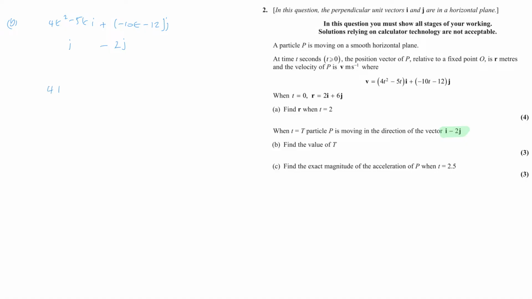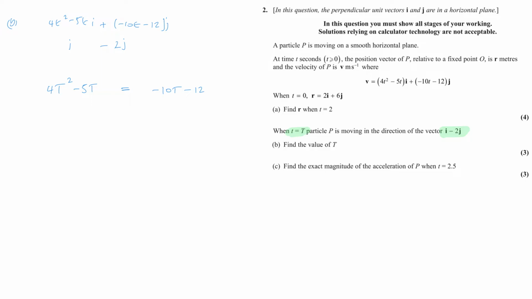So for example, 4t squared minus 5t, using the capital T here for when t equals T, and then minus 10t minus 12. Now, so that I can put an equal sign in front of them, I've got to do a bit of multiplying.